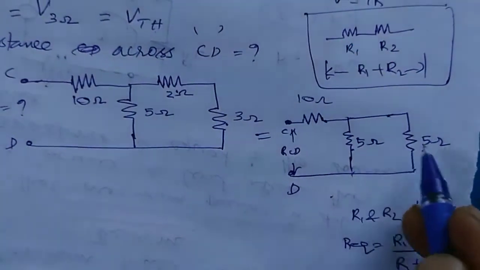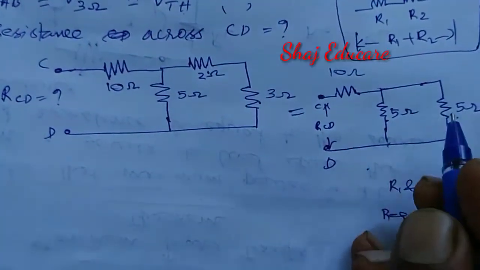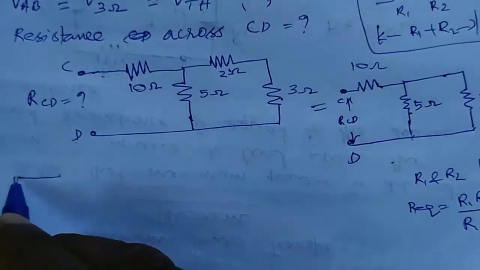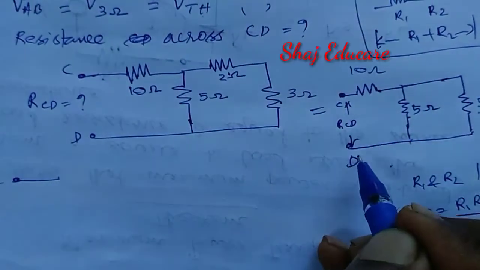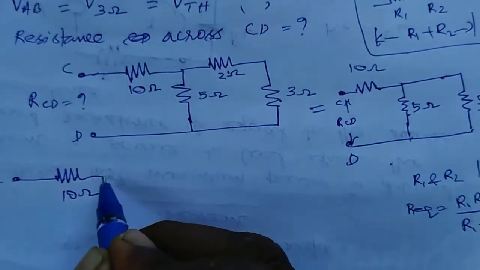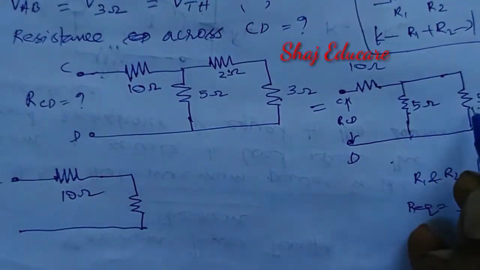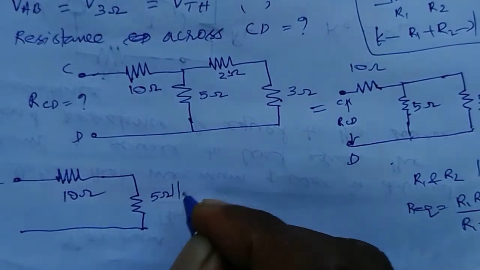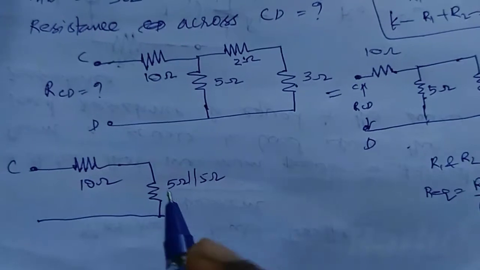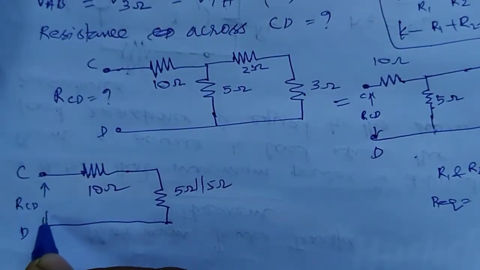Let us apply this concept. So let us again redraw this circuit. C, then resistance 10 ohm, then the parallel combination of 5 ohm parallel to 5 ohm. Then this is D, and we have to find RCD again.